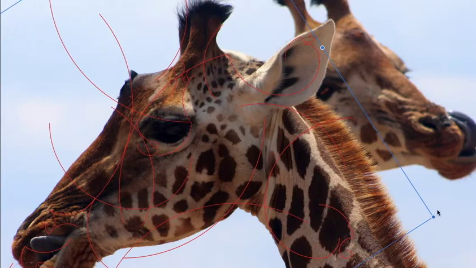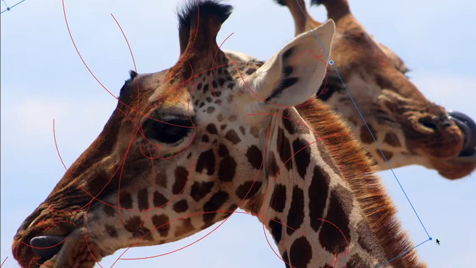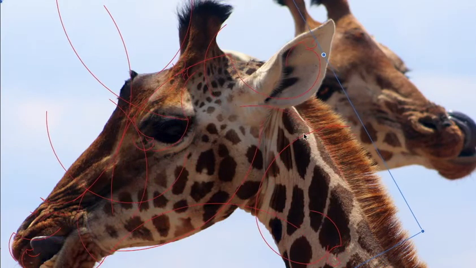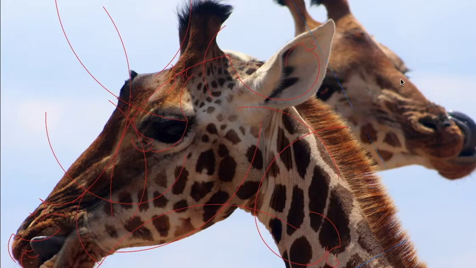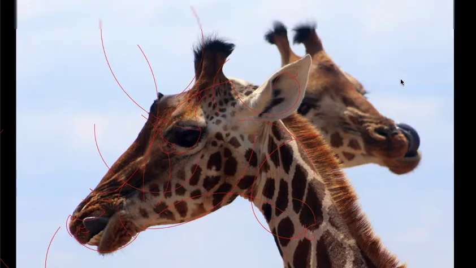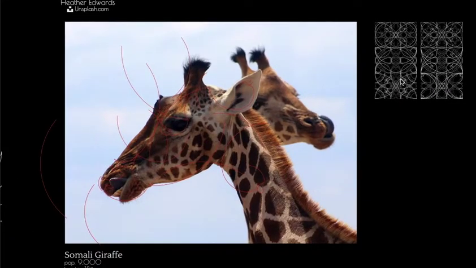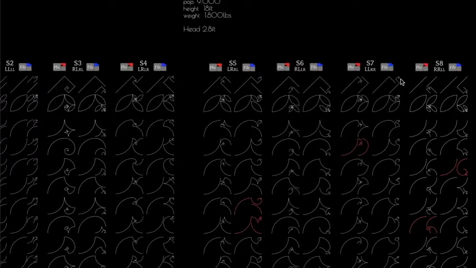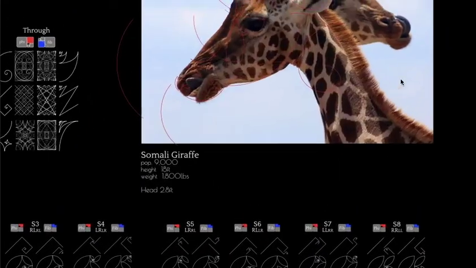Anyway, it's basically the same as the other one. That one does the ear really well there. And all of these maps will show some kind of relationship.